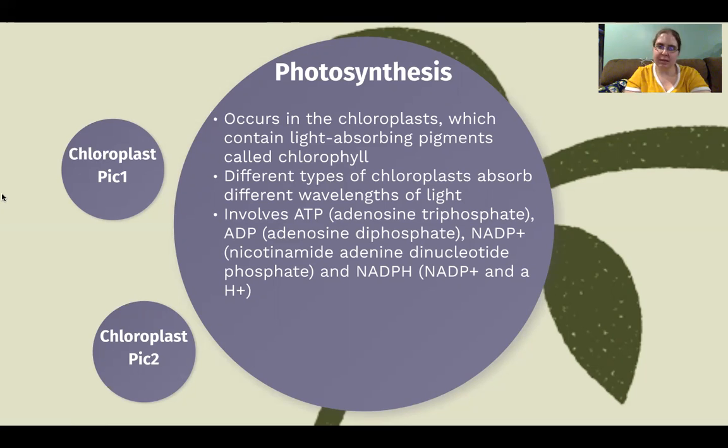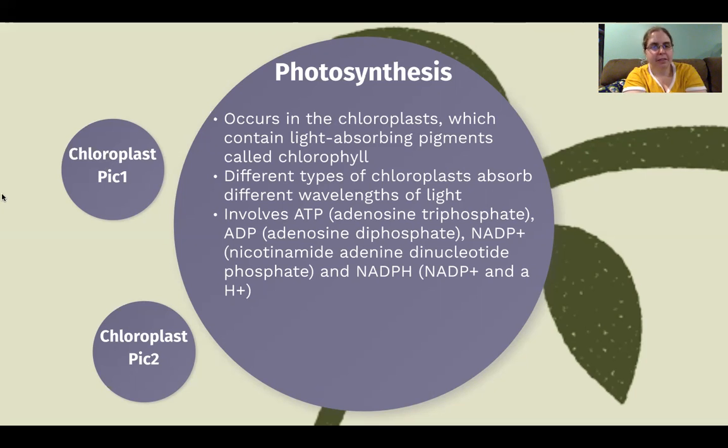But right smack dab in the middle is the visible light spectrum, and that's what we're talking about here. The visible light spectrum goes all the way from red, orange, yellow, green, blue, indigo, violet, ROY G. BIV. And each one of those has a different wavelength. So different types of chlorophyll can absorb different wavelengths of light, making them more suited to certain areas or certain types of environments.